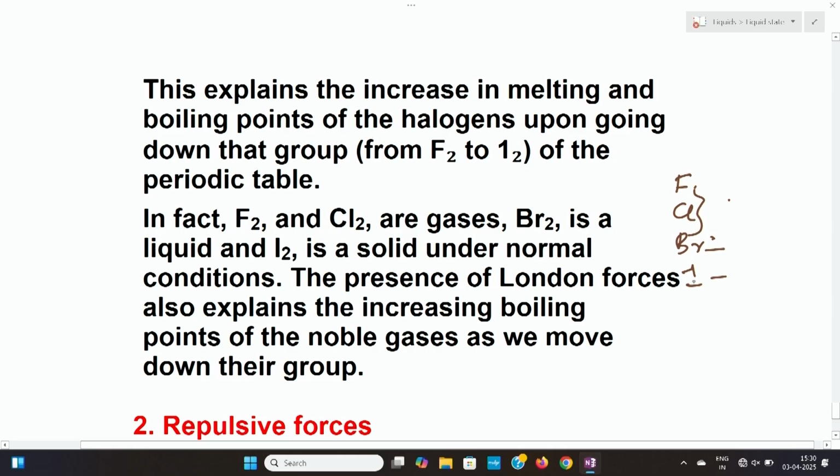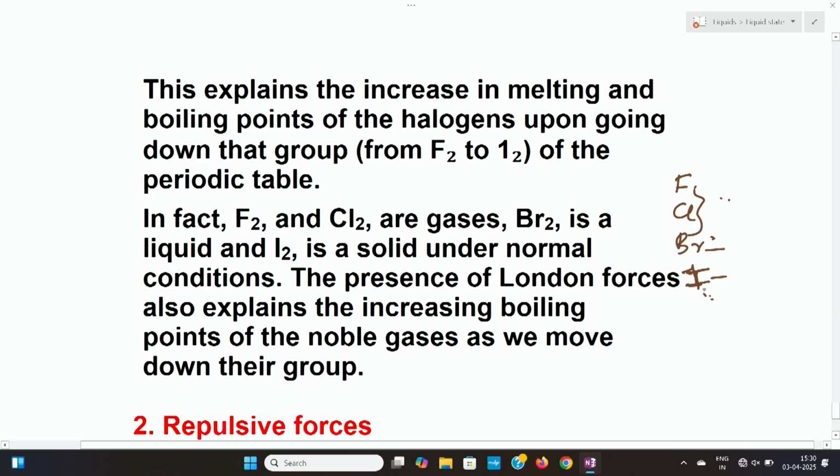When we see the boiling points of these elements, the boiling point increases as we move down the group. The reason for this increase is the induced dipole forces, or London forces.